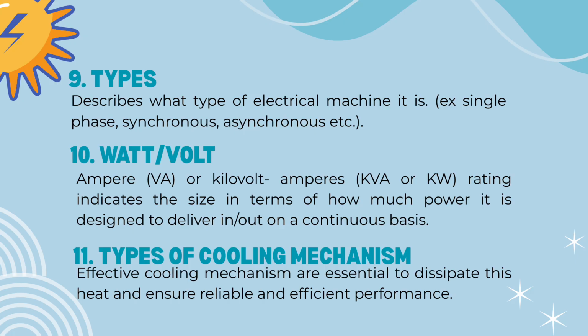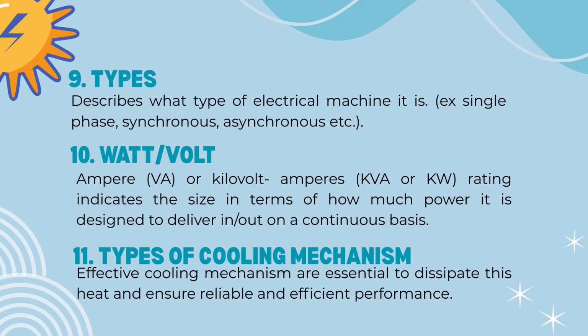And next is types. Describes what type of electrical machine it is. Example, single phase, synchronous, or asynchronous, etc. And next is the watt or volt ampere or VA or kilovolt ampere rating, which indicates the size in terms of how much power it is designed to deliver in or out on a continuous basis.